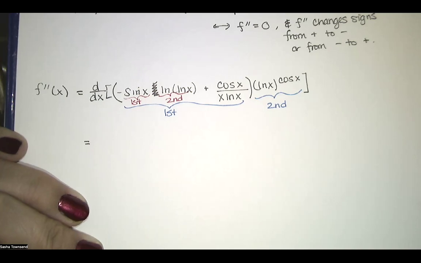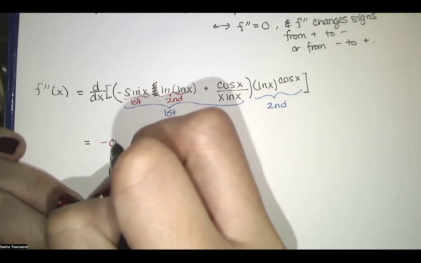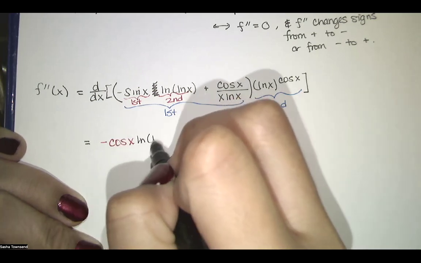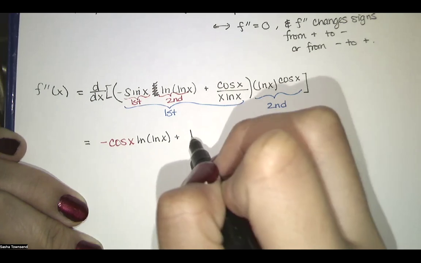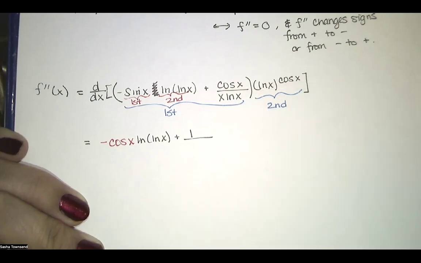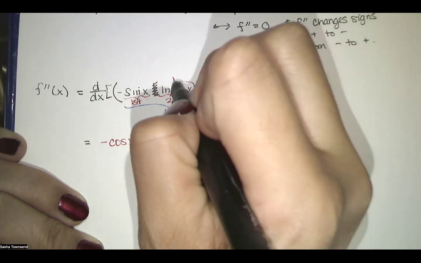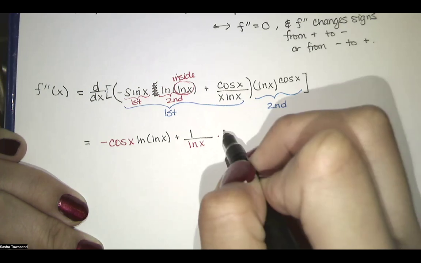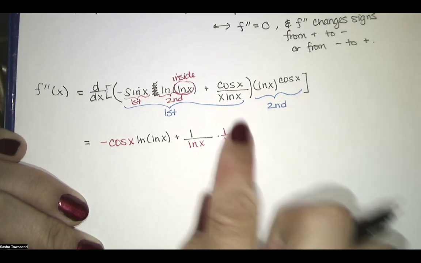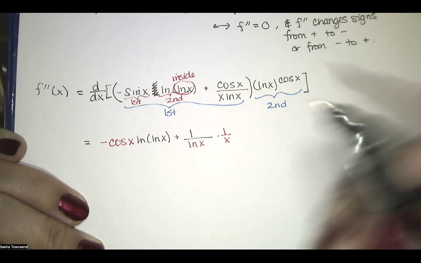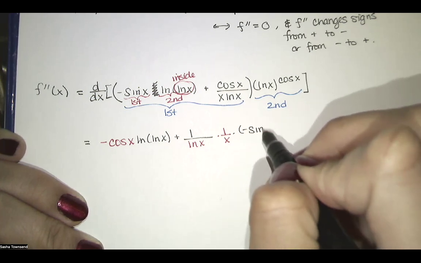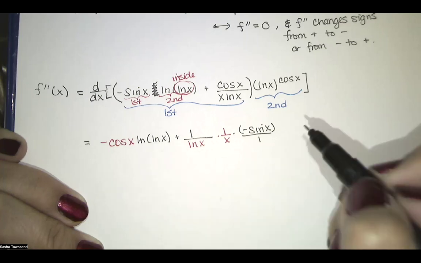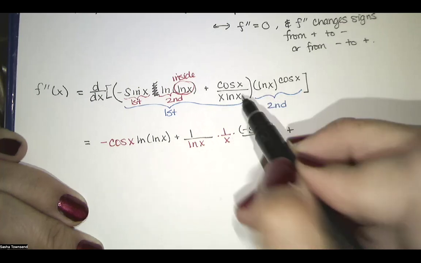We'll have the derivative of the first, the derivative of negative sine of x, which is negative cosine of x, times the second undifferentiated, plus the derivative of the second, which is 1 divided by the inside function, which is natural log of x, times the derivative of the inside. That's the derivative of the second times the first. And then we're adding the derivative of this expression.